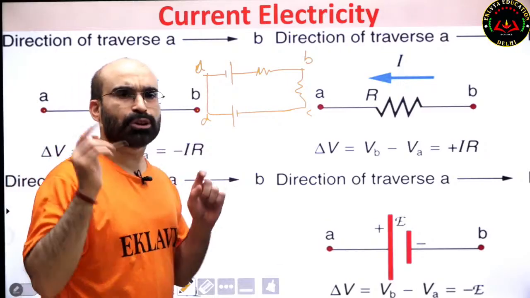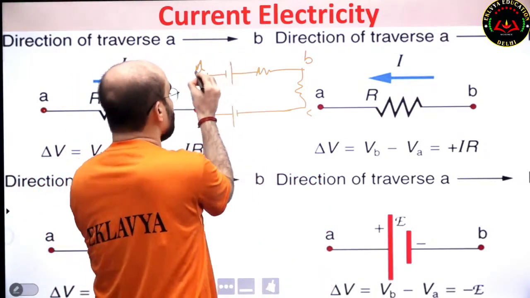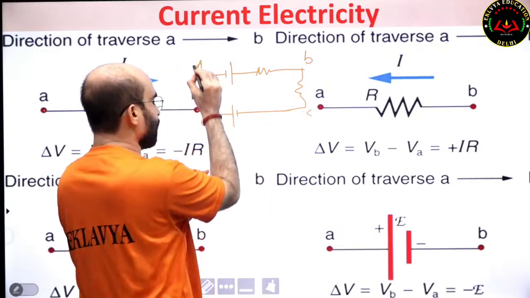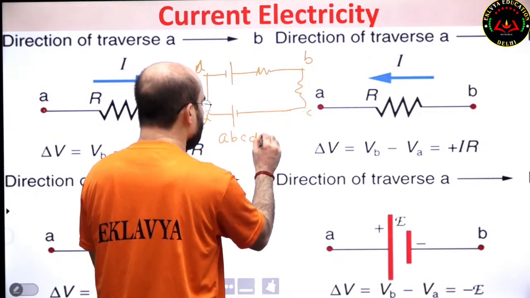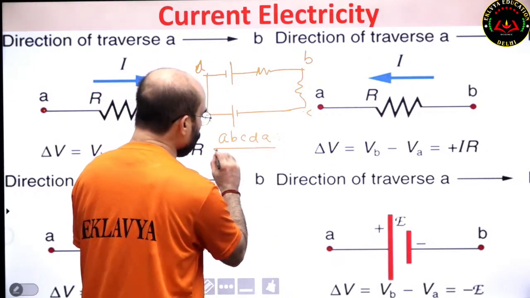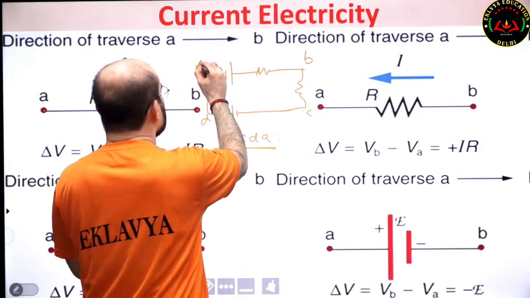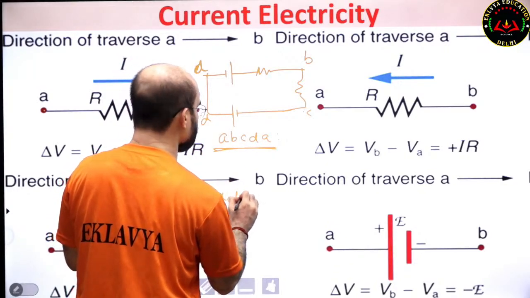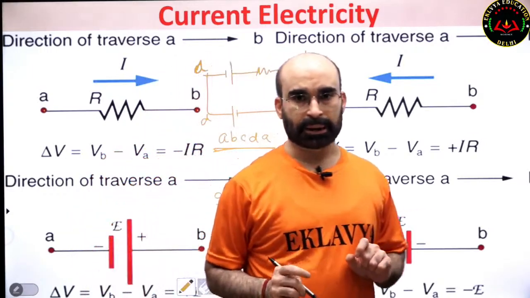So you have a choice. What choice? You can move inside the loop as A to B, B to C, C to D, and then D to A. That means loop is A, B, C, D, A. This could be the loop, or inside this you may move in this manner also, A, D, C, B, A. This is also the loop, right?